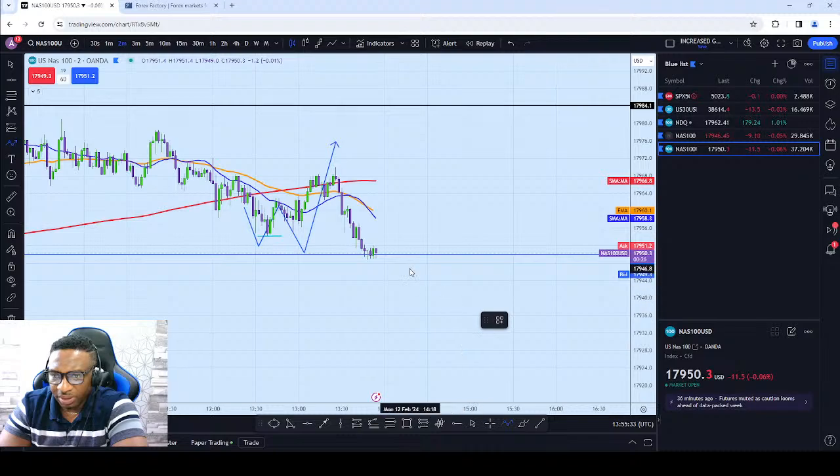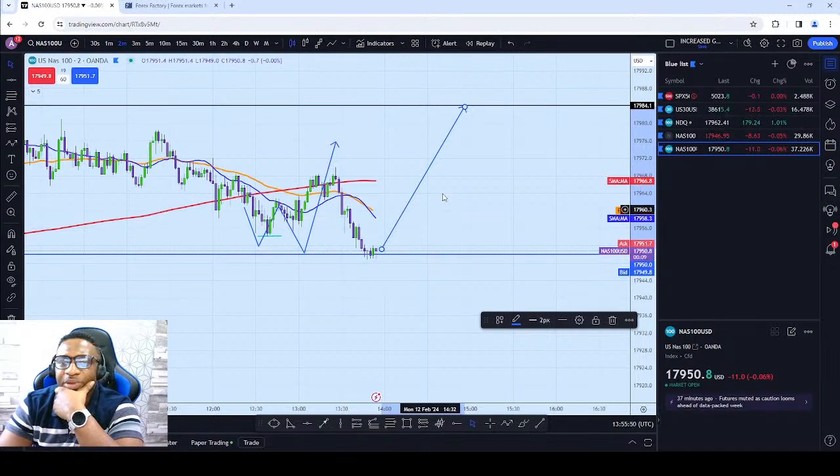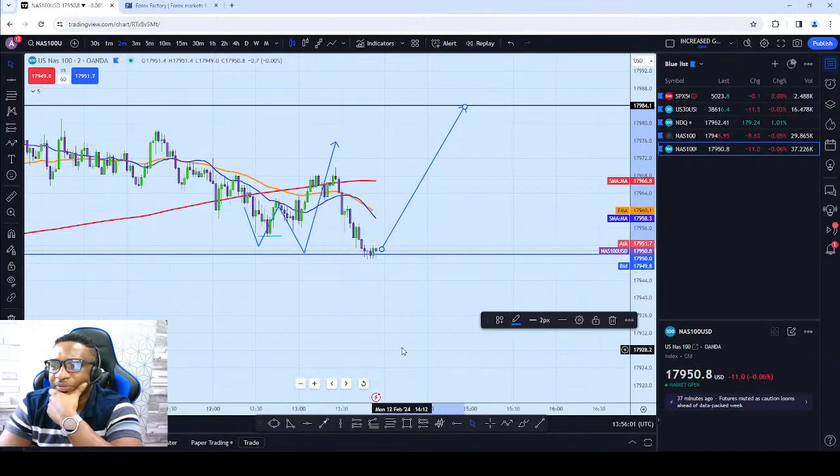So for me, if things look much better, if it doesn't break below here, I think it will do something like this. If it doesn't break below here, I think it will move from here to the next key level. This is 5 kilo 950.